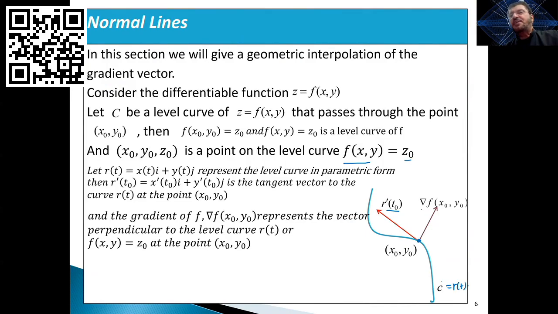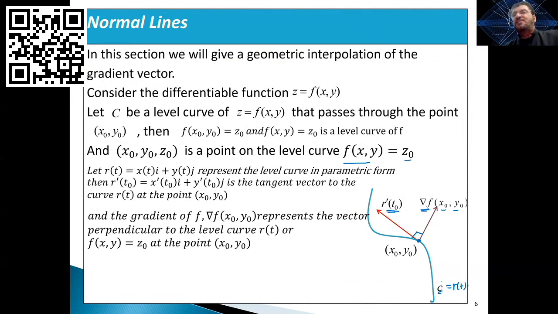Now, the gradient of the function at this point, we know the gradient from the previous section. It's going to be the vector that is perpendicular to r prime, which is the vector that is tangent to the curve c.